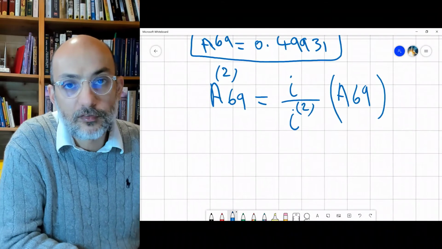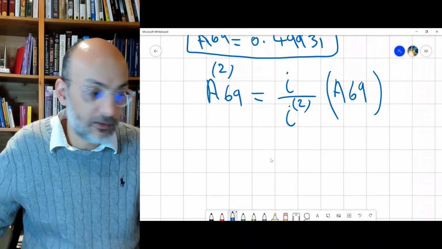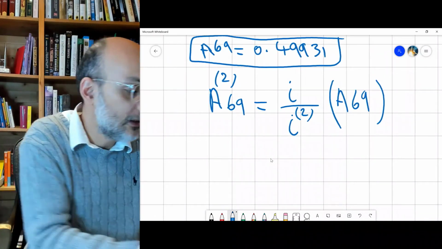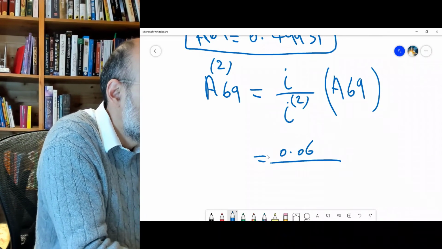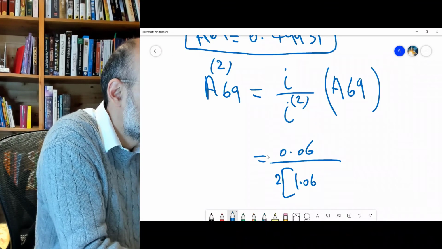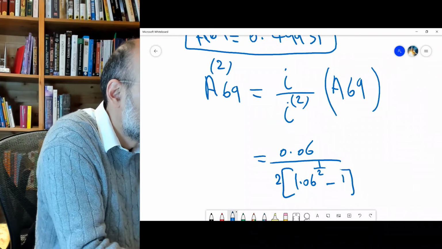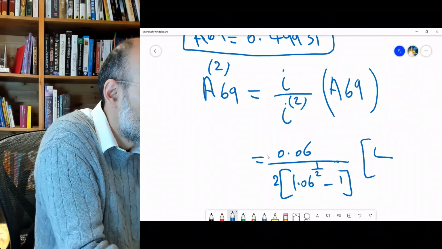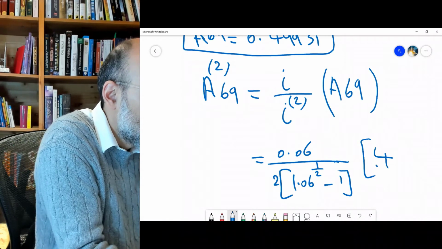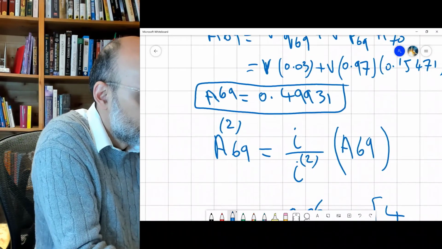But with interest 6%, we cannot use the life table. Everything is different now. So now let's look at i. i is 6%, but i(2) is easy: 1.06 raised to 1 over 2, minus 1. This is the formula. What's i over i(2) multiplied by 0.9931?